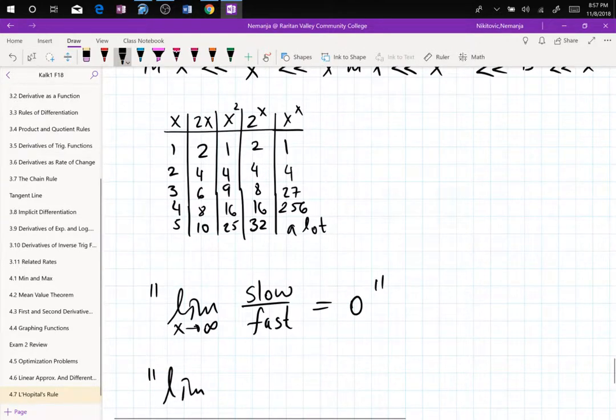And the limit as x goes to infinity, this is only for infinities, of fast over slow is going to be infinity, exactly. This is what it is.